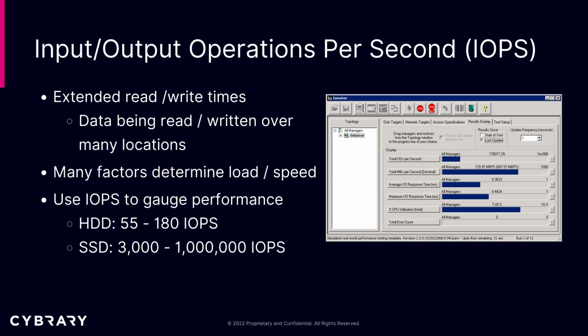When you're looking at the speed or the rating of the IOPS, you may see that traditional drives may be in a range from 55 to 180 IOPS, whereas solid states may be from 3,000 to 1 million IOPS. Again, these are ratings of how many reads and writes per second that manufacturers use to gauge the benchmarking of the drives and how well they perform.